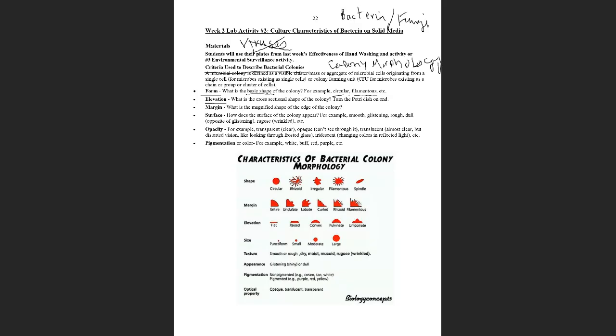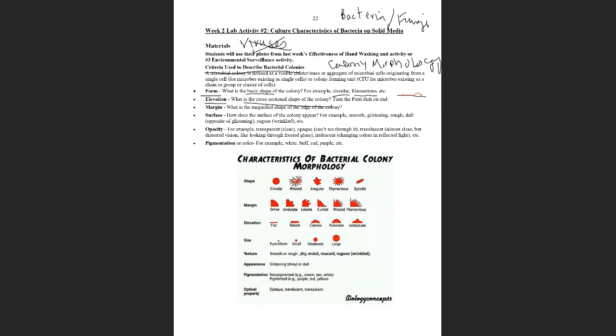What is elevation? Is the colony lying flat with the surface of your agar, or is it raised? So if this is the surface of your agar, if the colony is lying flat, it will be sticking to the surface of your agar. But if a colony is like this, it's called raised.